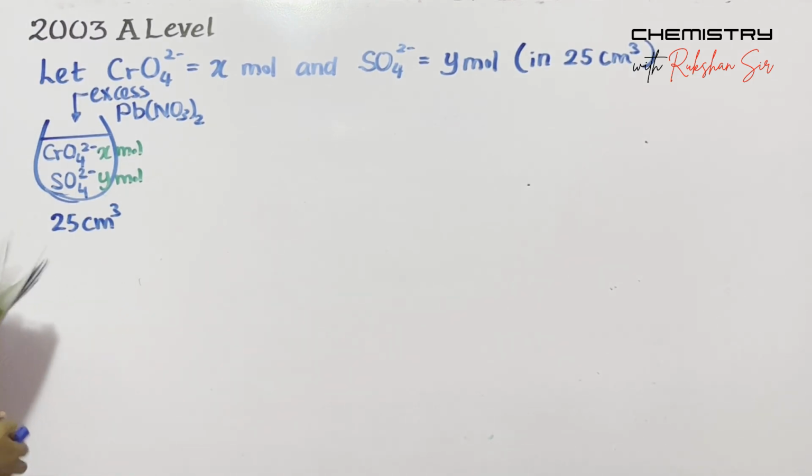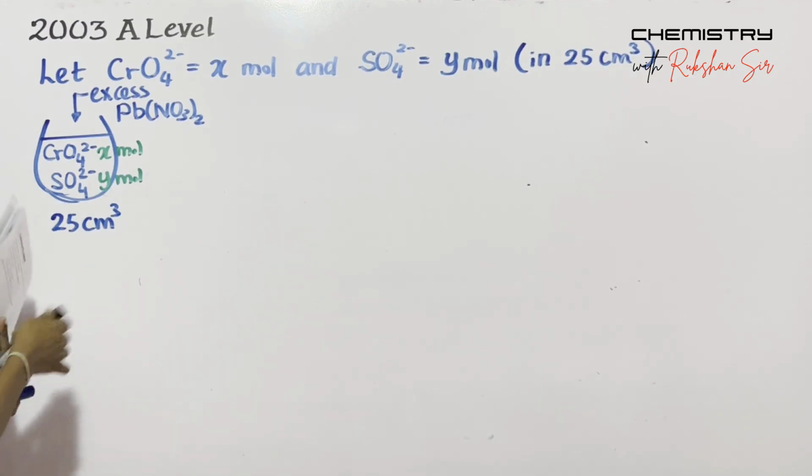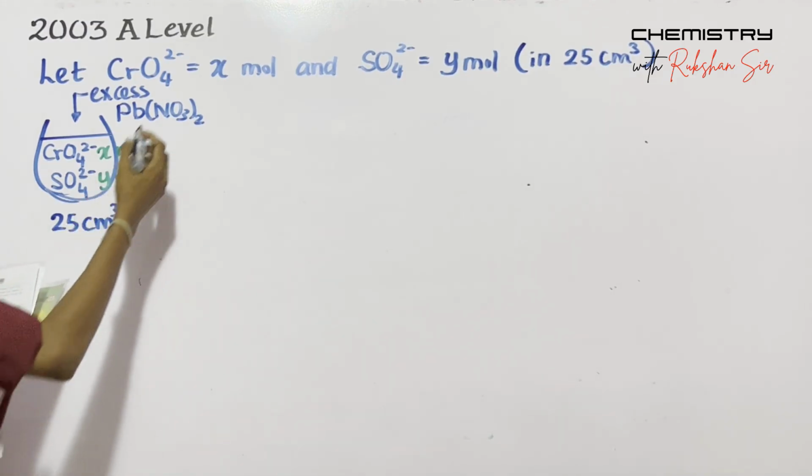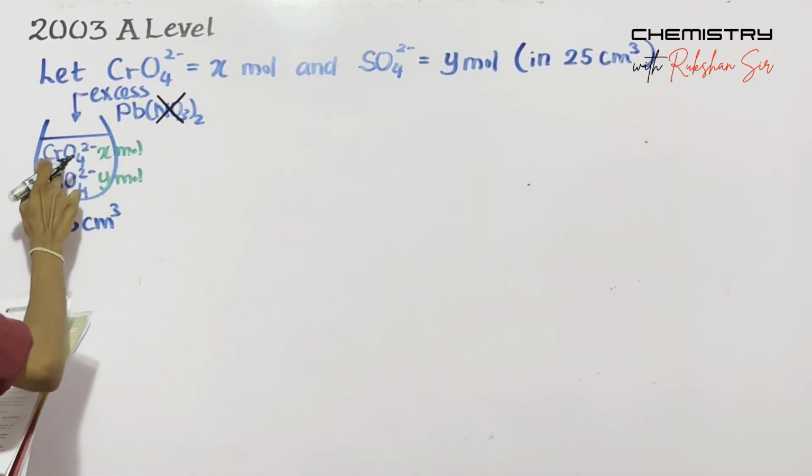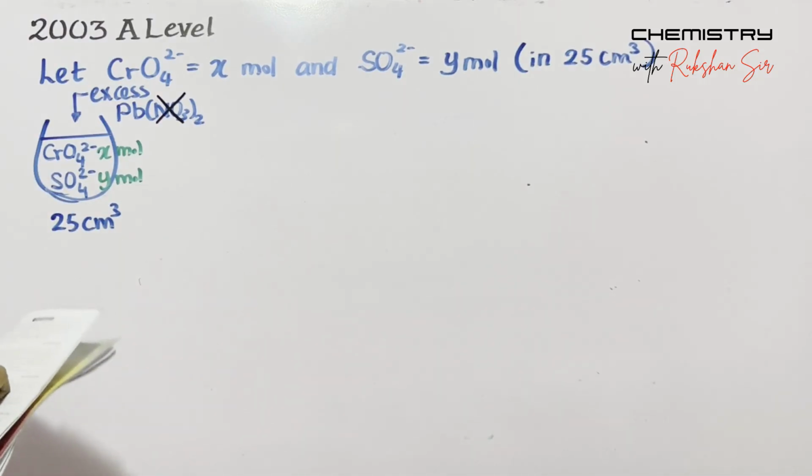So here we have no use of the nitrate ions. Nitrates never get precipitated, but lead 2 plus ions will precipitate with the chromates as well as the sulfates.